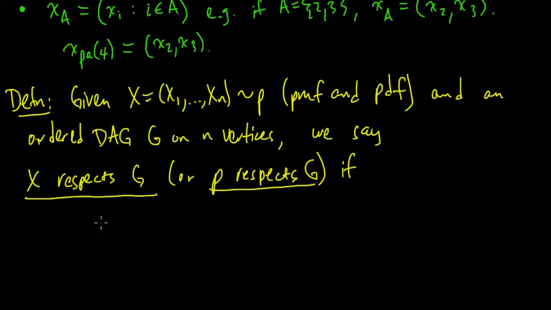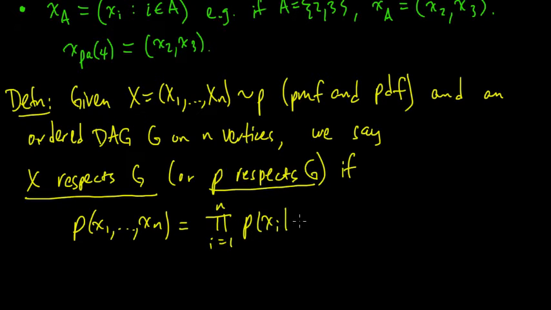as, do I have room over here? Let me put it down here in case I run out of room. The joint distribution equals the product, as i goes from 1 to n, of the probability of xi times the probability of each of its parents taking a particular value.